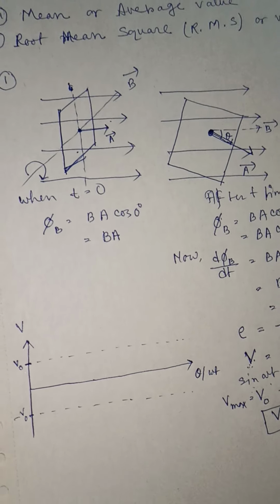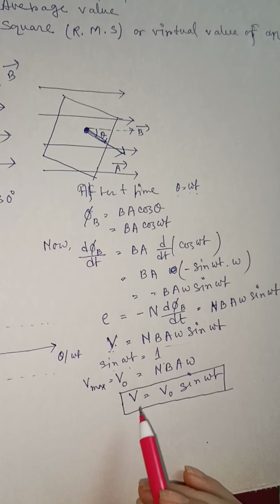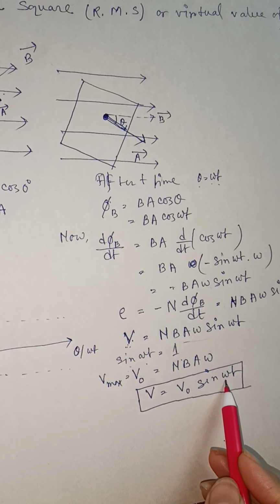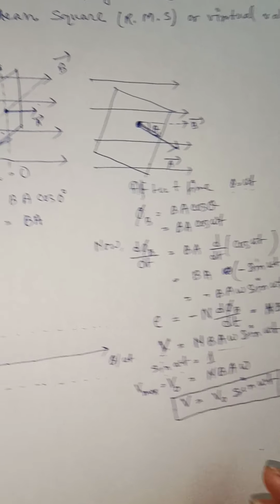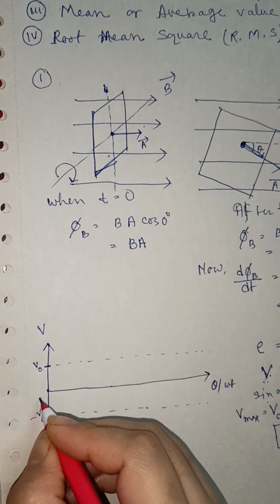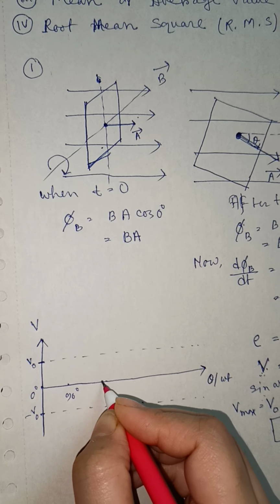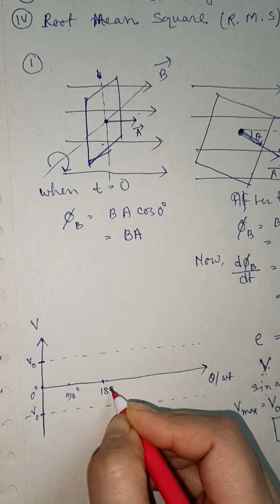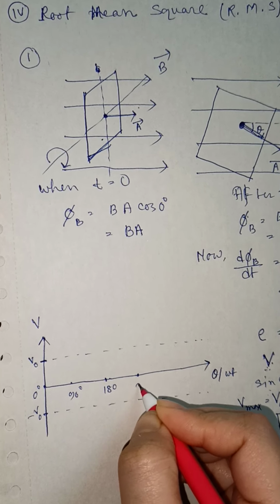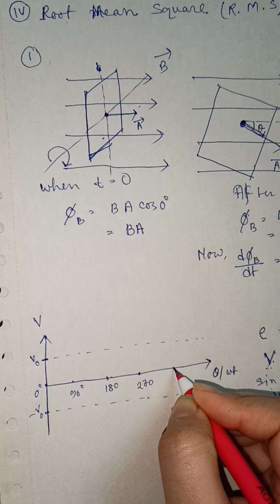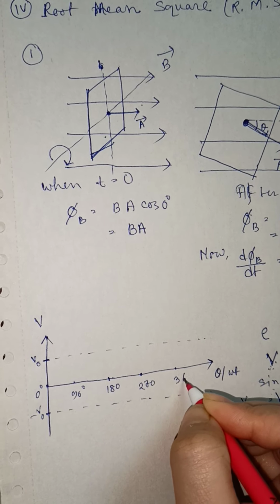If theta equals 0 degree, suppose this is 0 degree, this is 90 degree, this one 180, this one 270, this one 360 degree.